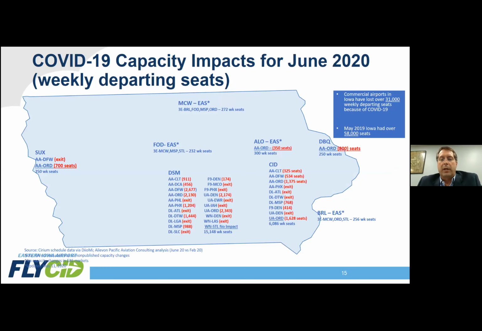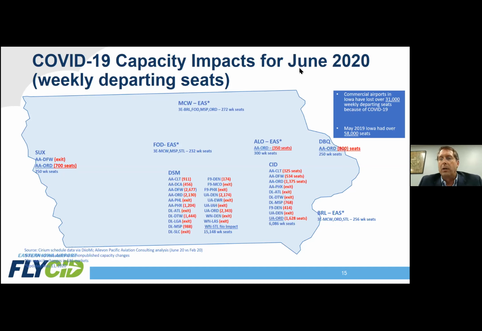So there's the impact to Iowa in terms of number of seats lost, the number of market exits. You can see Des Moines and Cedar Rapids, of course, are leading the way. Sioux City, you can see on the far left side, has lost their nonstop connections to DFW, and they're down to 250 weekly seats.